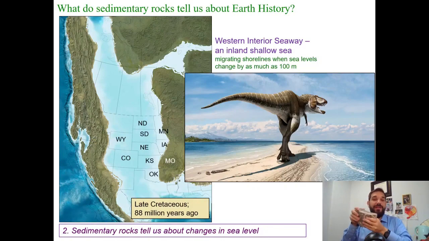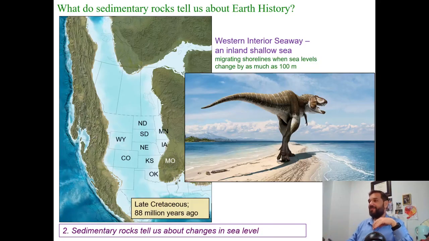And actually what we find is Texas has been underwater for a lot of its history, and has a lot of limestone. In fact, a lot of the building stones that you might see around town and around San Antonio and in Austin are limestone from the Cretaceous, when this little guy was walking around up here.